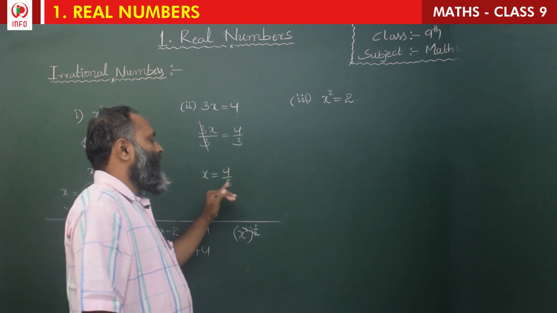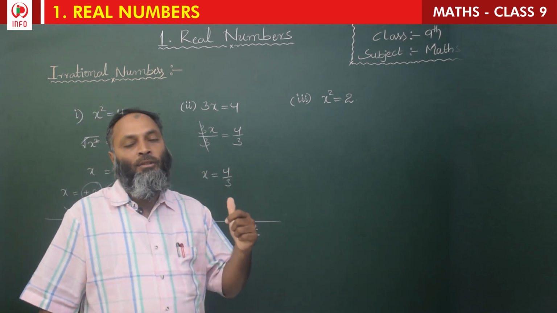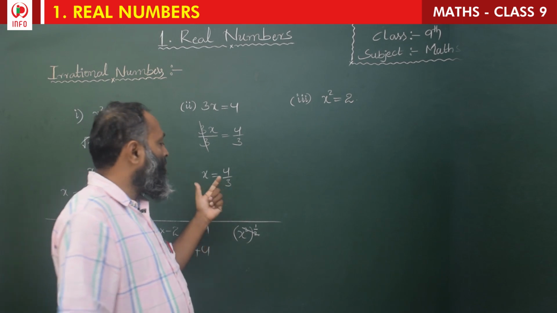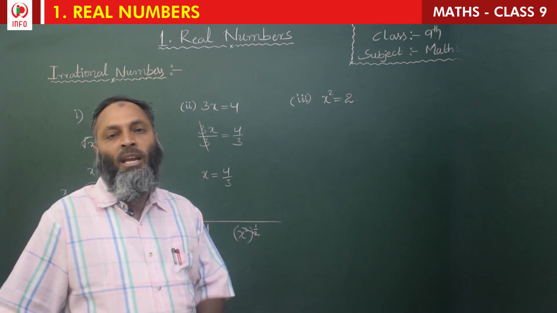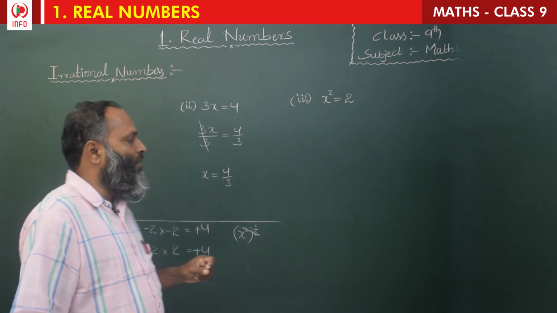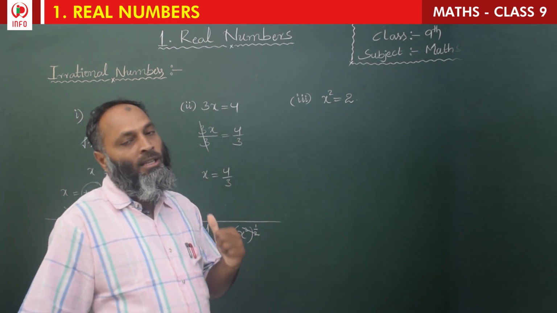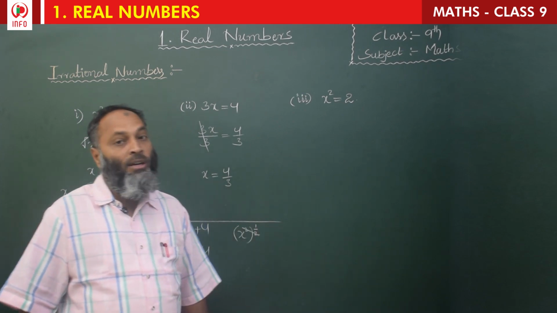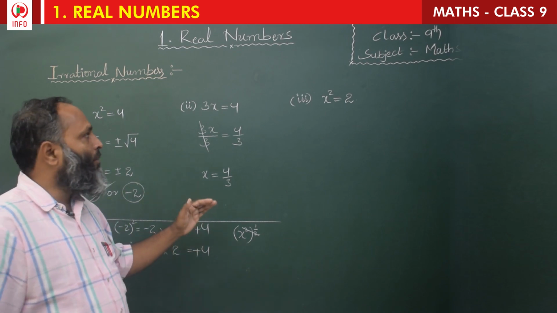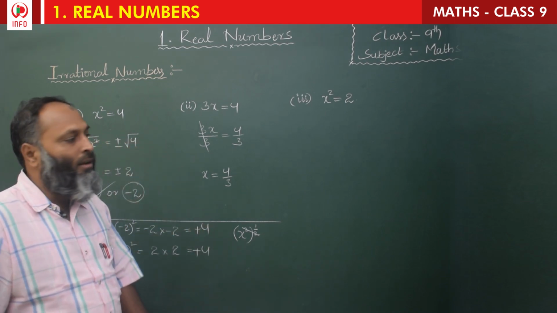Because in the denominator we have 3, which is other than 2 and 5, this is a non-terminating decimal. Non-terminating decimals are also rational numbers.